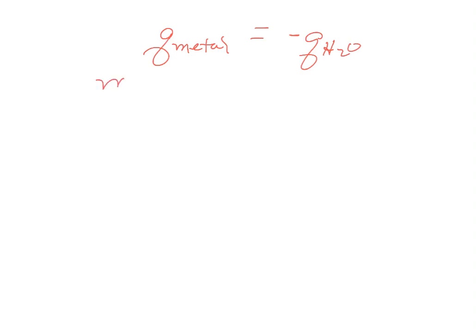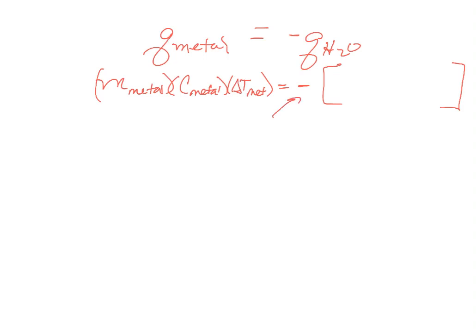One of them is gaining heat, one of them is losing heat. And so, using the MCAT equation, same thing. Make sure you put this minus sign in. This is the most common student mistake, leaving that out.